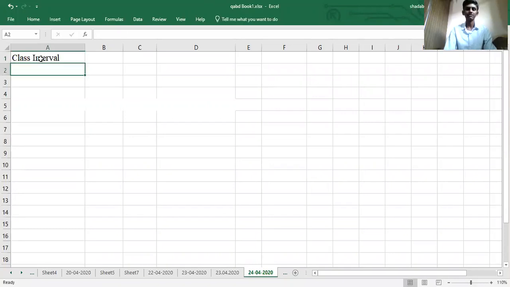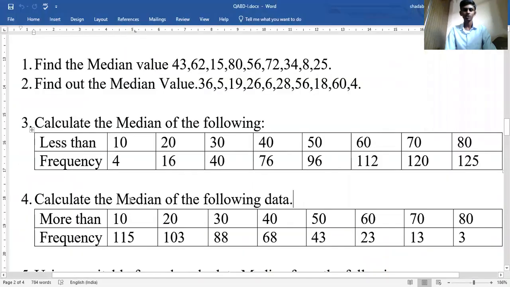Class intervals they have given, if you observe, are more than 10, more than 20.